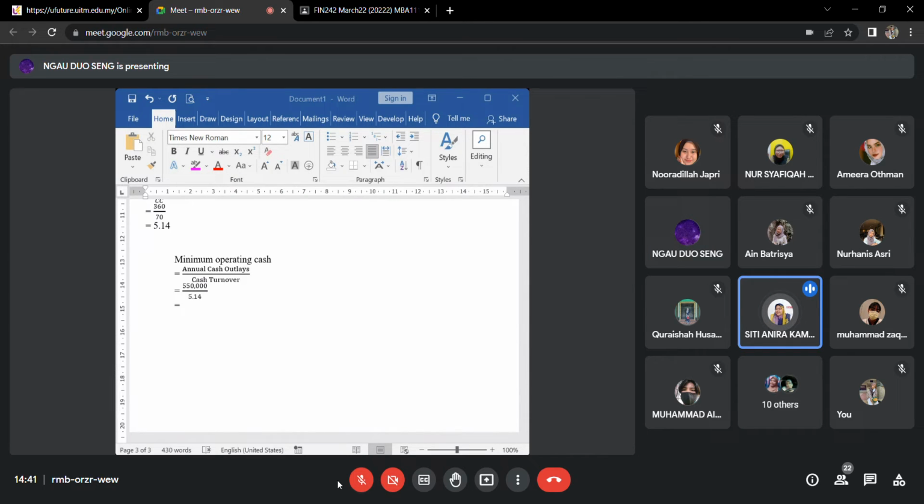Satu kosong 3.89. Satu, mana dah? 107.003.89.